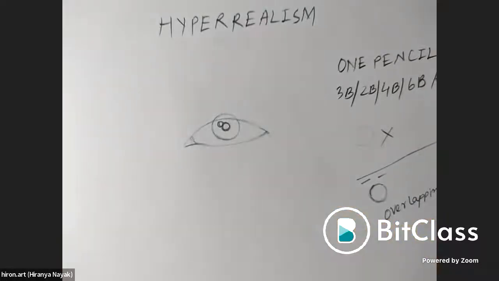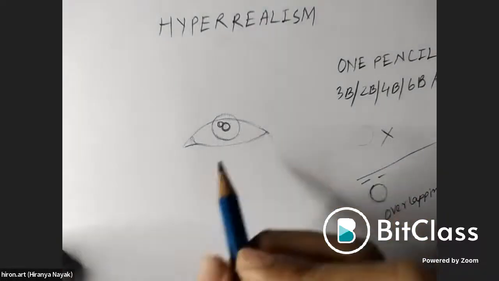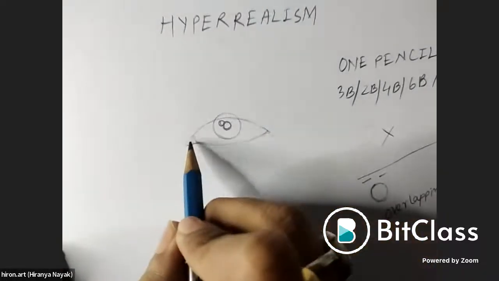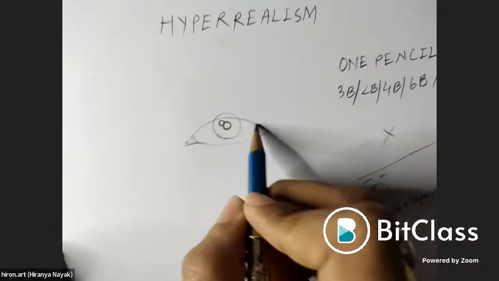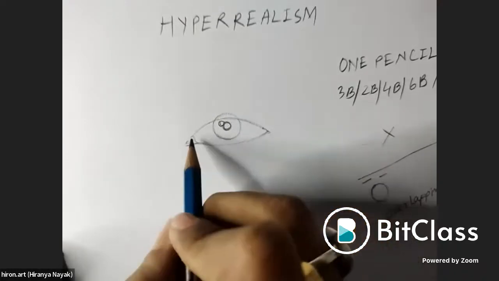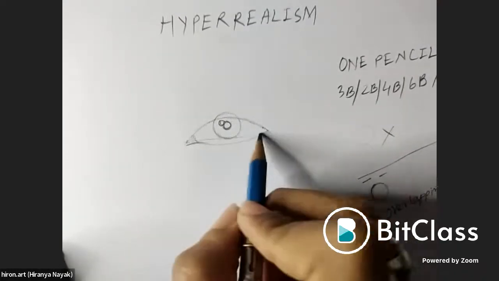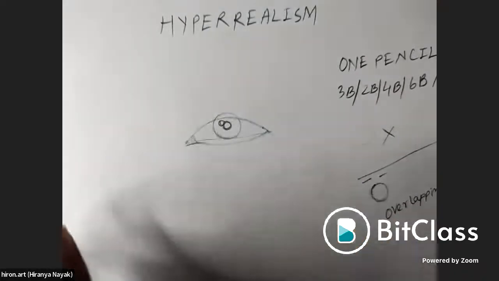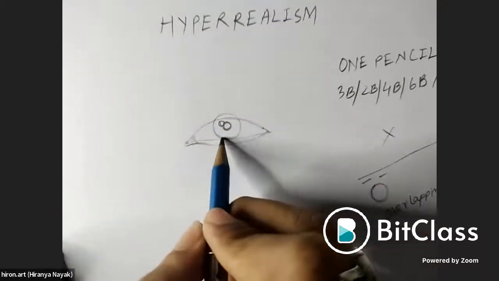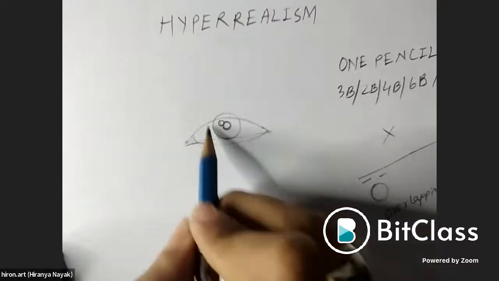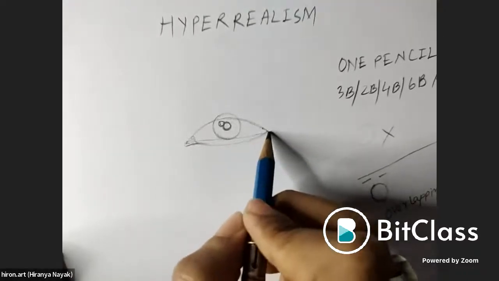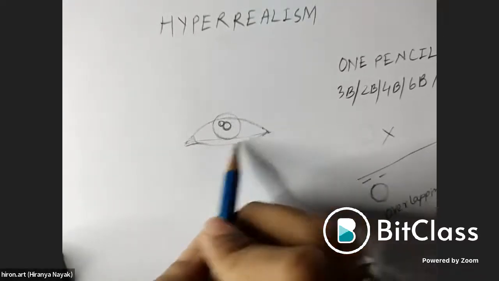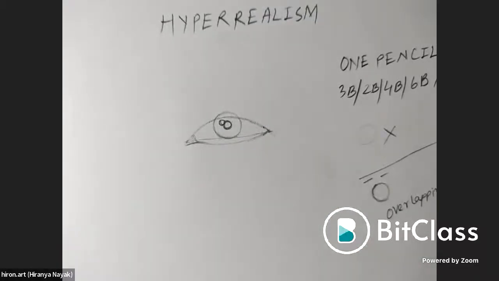And one mistake that I often see is that most of the people end up drawing these two areas somewhere there. So make sure these lines are actually aligned on the same straight line. You can see this circle is on the same line, and these two points are also there. Okay.